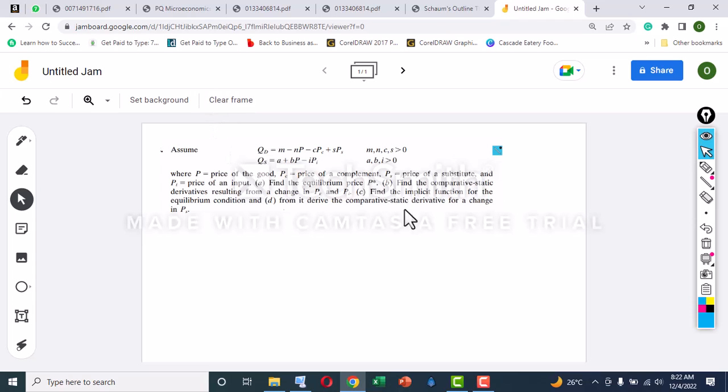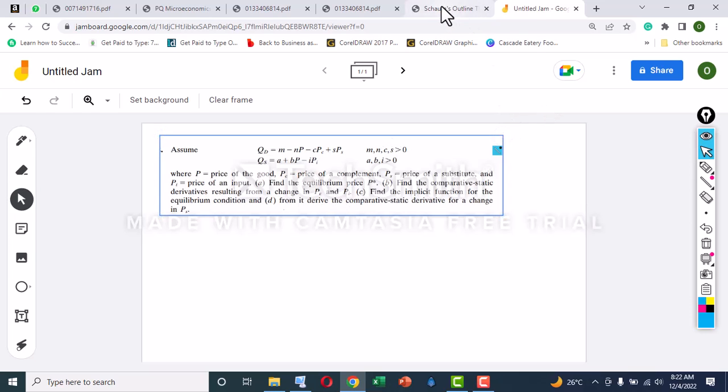We will need our answer. We're going to copy it: the answer you just got from part one, that's your equilibrium price. You differentiate partially with respect to PC to get the comparative static derivative for PC, and differentiate partially for PI to get that of PI.